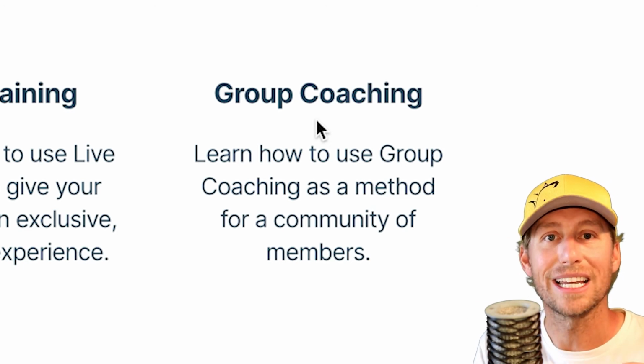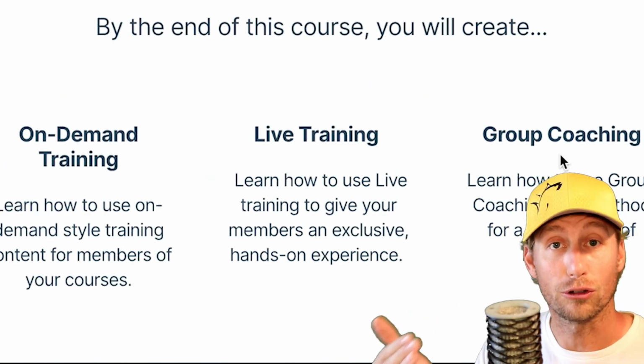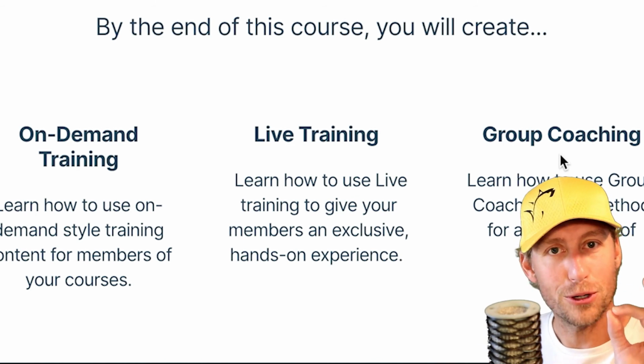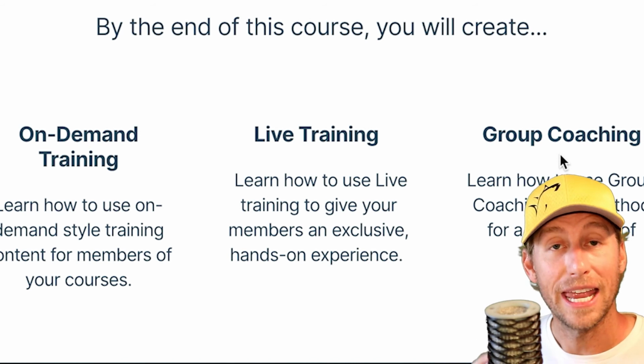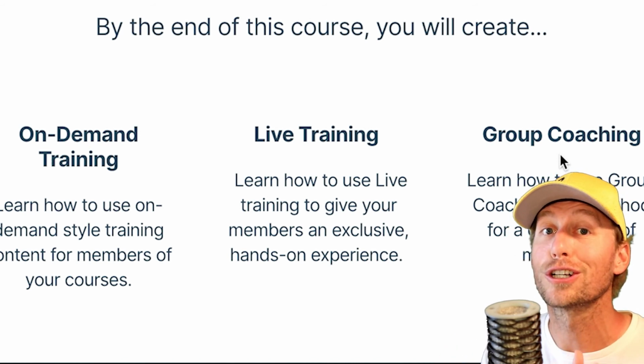In this case, we can level up with on-demand training, live training, or group coaching to really give members a very precise type of instruction and give your own time and energy. And you can create a recurring subscription with that. People are willing to pay most likely for a recurring subscription when you actually allocate your time and your energy.